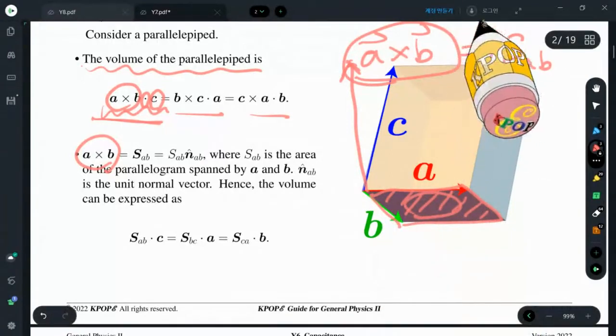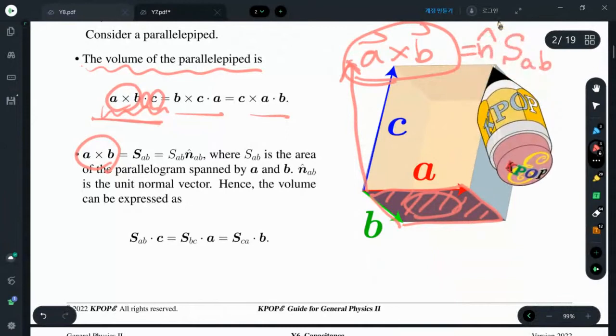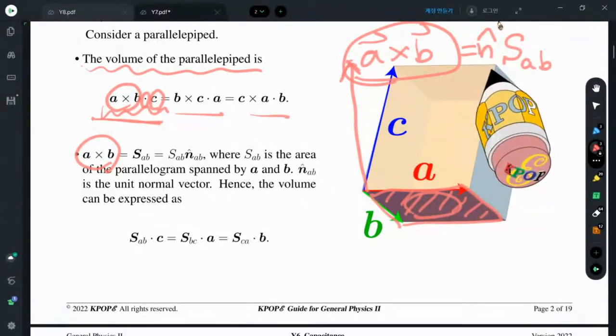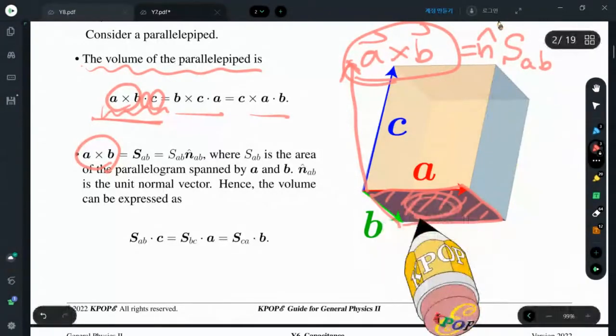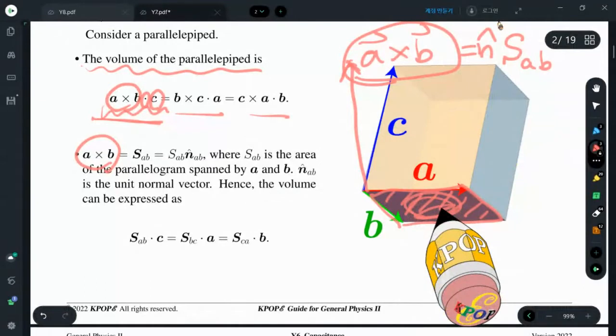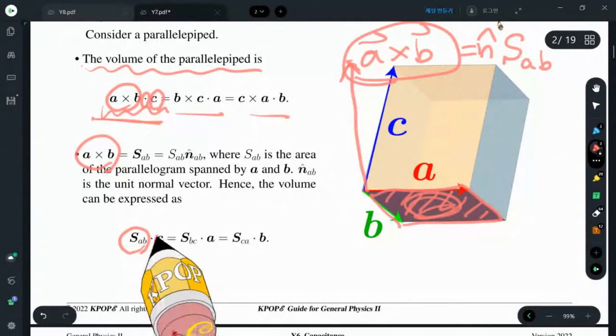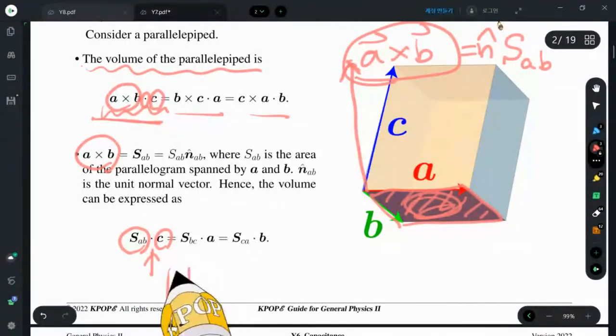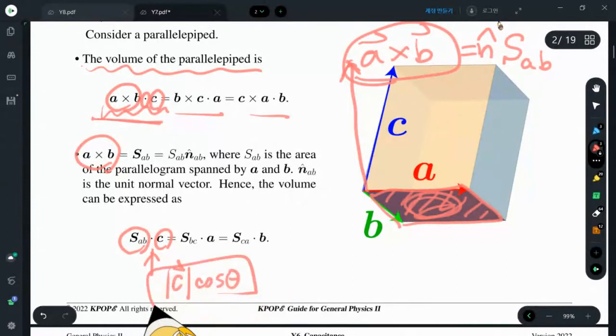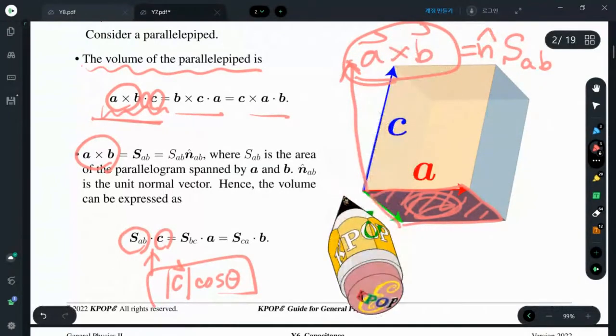And this small n hat represents the unit vector perpendicular to this plane. Therefore, the area of the base times the height, the absolute value of C times cosine theta, is the volume of the parallelepiped. So now you understand clearly.